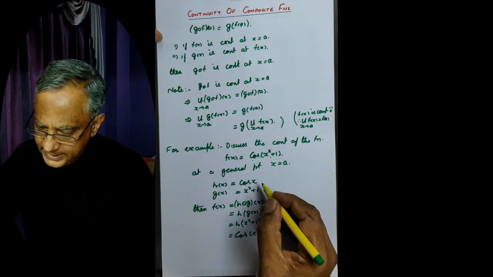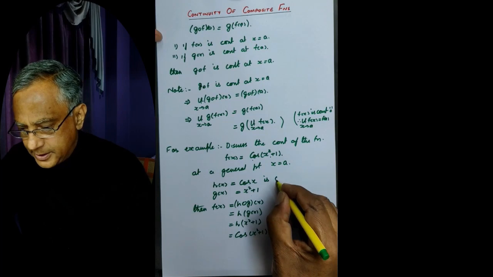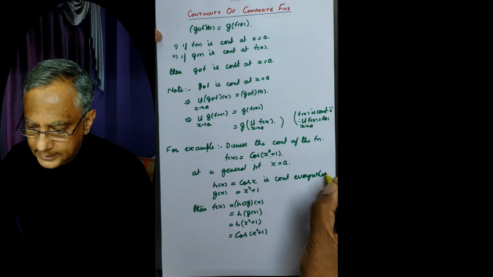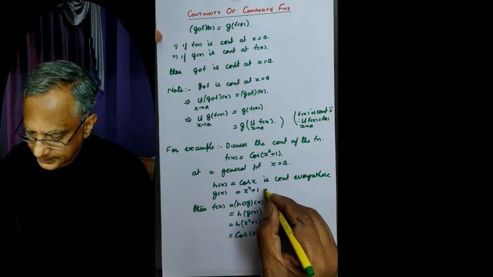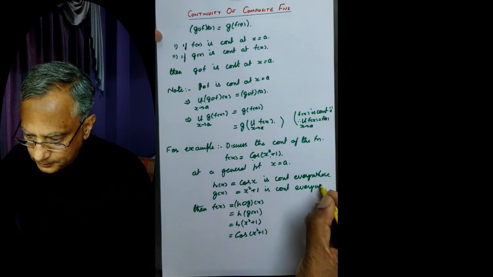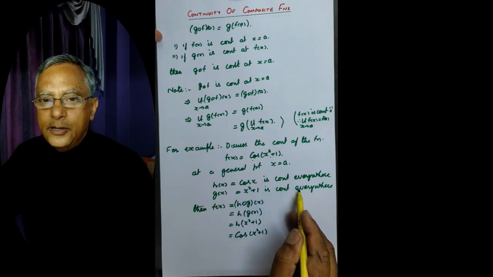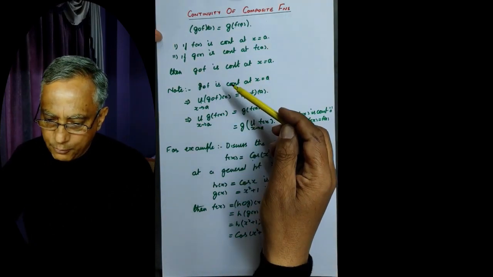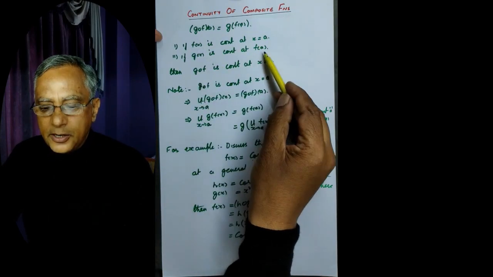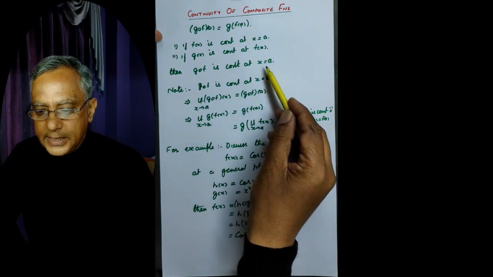And what we notice is that h(x) equal to cos x is continuous everywhere. This function is continuous everywhere. This is also a continuous everywhere function. Therefore the composite of these two functions will be continuous everywhere, because we have proved that if f(x) is continuous at x equal to a and g(x) is continuous at x equal to f(a), then g of f is continuous at x equal to a.